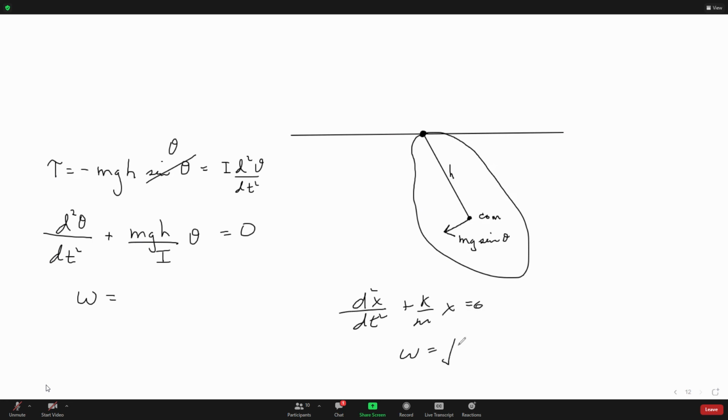And omega in that case is the square root of k over m. So what's omega have to be here? Just look at it and see. That would be the square root of mgh over I. Exactly. Okay.